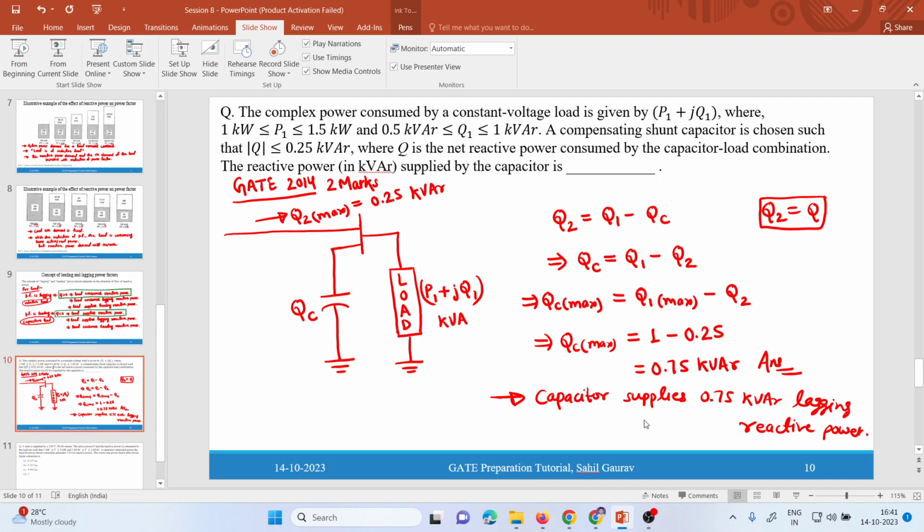If you are telling how much it consumes, then you have to say it will consume 0.75 kVAR leading reactive power. Are you asking supply or consume? Consume. Then you have to tell that it is consuming 0.75 kVAR leading reactive power.